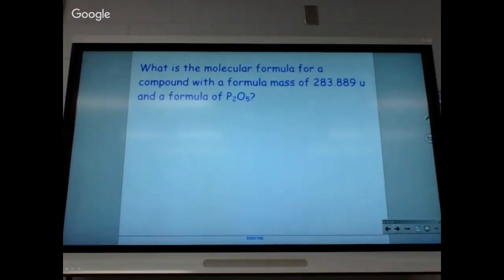Because this is a pretty typical question. What's the molecular formula for a compound with a formula mass of 283.889 U and a formula of P2O5?